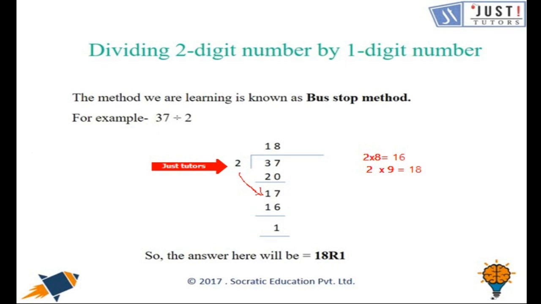So 16 is less than 17, so we can say that 2 goes into 17 eight times. So we'll put 8 here and then 16 here and then subtract 16 from 17. That will be 1. So 1 will be the remainder. So we can represent the final answer as 18 and then R. The R represents the remainder, and the remaining value is 1. So 18 R1 is the final answer.